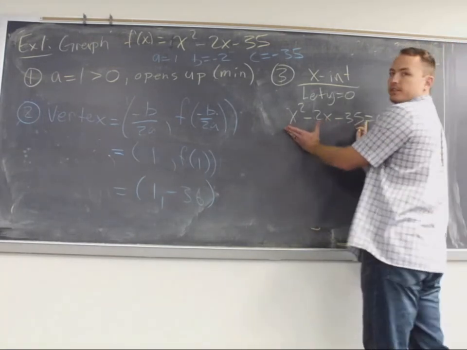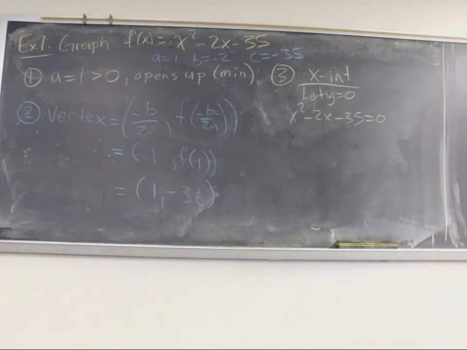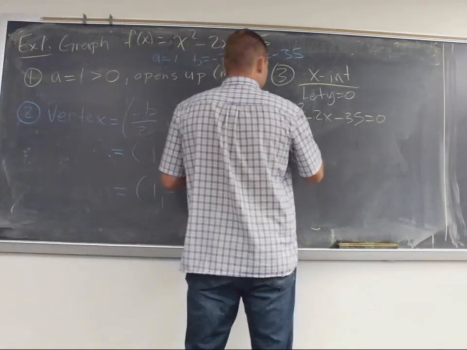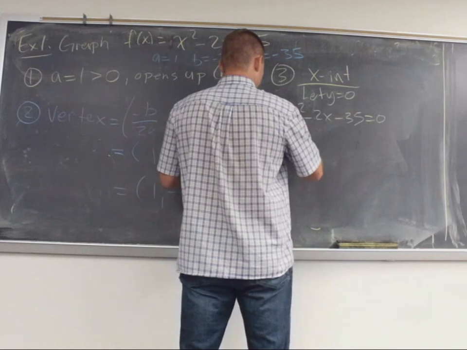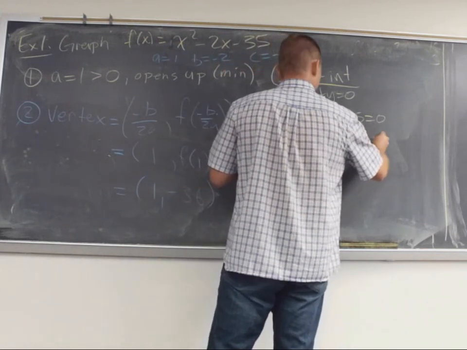Now, what do you have to do to solve this for x? We have to do the AC method, or you have to factor it by whatever means you like to factor. So I'm going to skip the AC portion here, and I'm just going to give you the answers, and if you're struggling with this, then please get help. So when you factor this, you get x is equal to 7, and x is equal to negative 5.